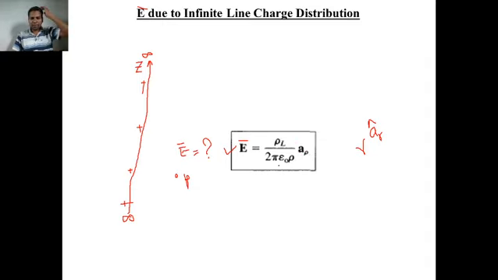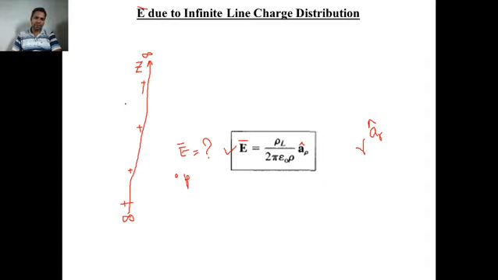So, you can read this formula in this manner also, E bar is equal to rho L divided by 2 pi epsilon 0 r a r cap. What exactly is in this formula?